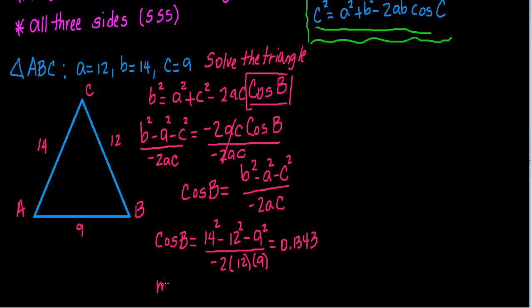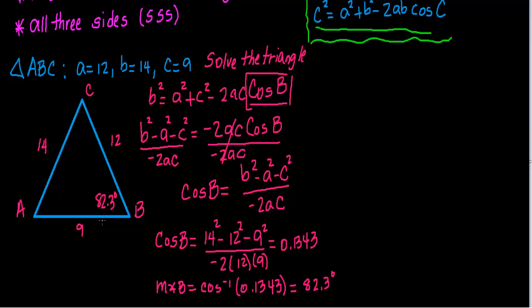Now to find the measure of angle B, we do the inverse cosine of that value, 0.1343, and you will get an angle of 82.3 degrees for angle B. Notice, angle B turned out to be an acute angle, not obtuse, but it is the largest angle in the triangle.